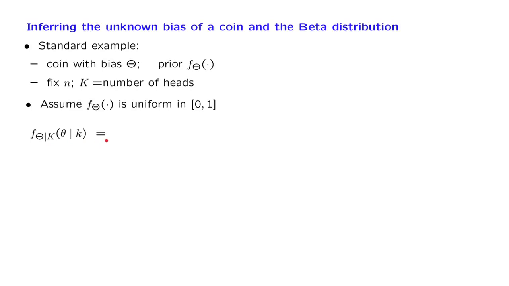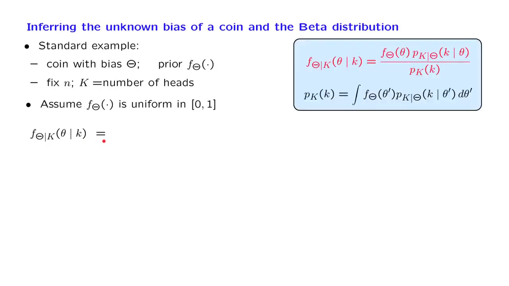We use the appropriate form of the Bayes rule, which in this setting is as follows. It is the usual form, but we have f's indicating densities whenever we're talking about a distribution of theta, because theta is continuous. And whenever we talk about a distribution of k, which is discrete, we use the symbol p because we're dealing with probability mass functions.